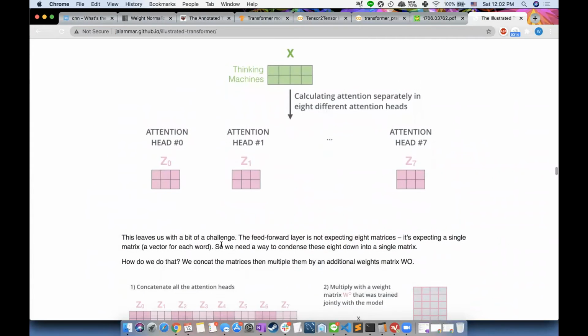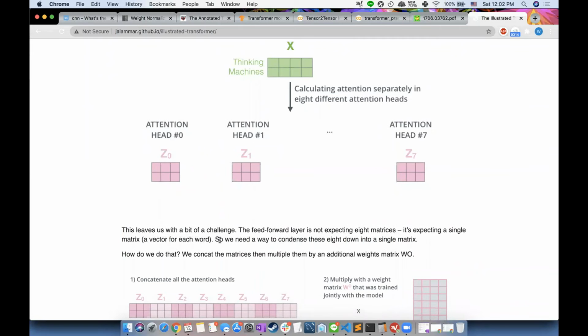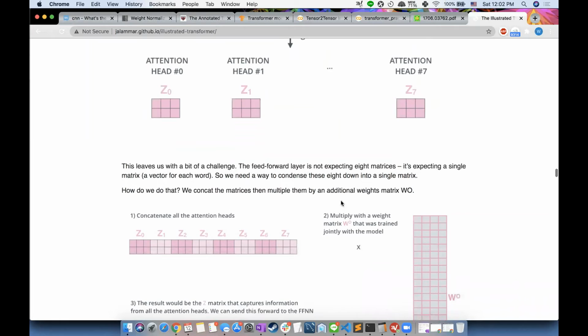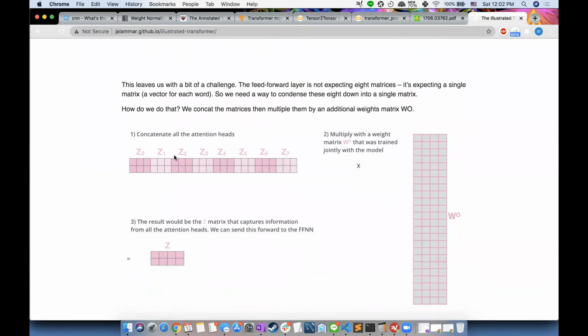This leaves us a bit of a challenge. The feed-forward layer is not expecting 8 matrices, it's expecting a single matrix, a vector for each word. So we need a way to condense these 8 down into one single matrix. How do we do that? We just concatenate them, then multiply them with an additional weights matrix WO. We literally just concatenate them, not summation, not other stuff, okay?